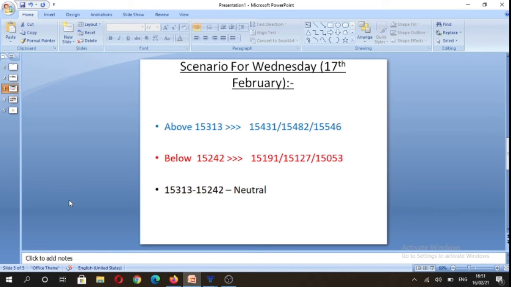On the flip side, below 15,242 levels, which is today's low, we can trade towards 15,191, 15,127, and potentially 15,053 odd levels. And we currently have a neutral price range of 15,313 to 15,242 on the index.